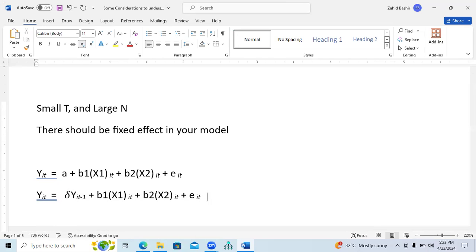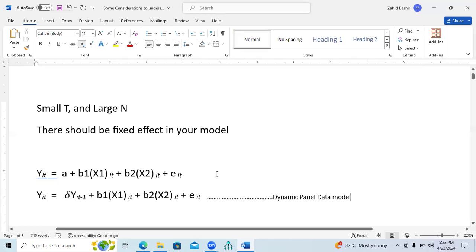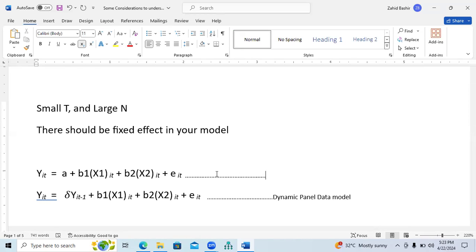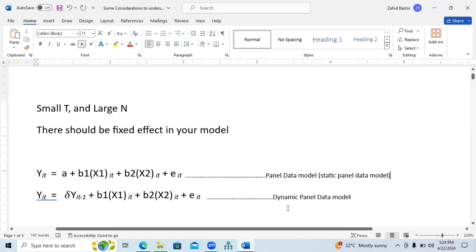So the previous one was the simple panel data, or sometimes static panel data. So this is the basic difference between static panel data model and dynamic panel data model.